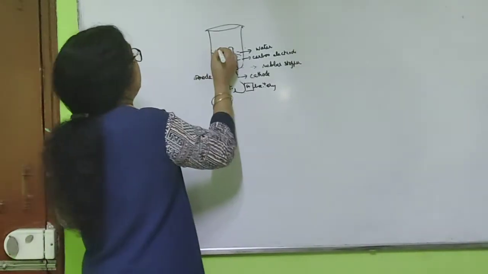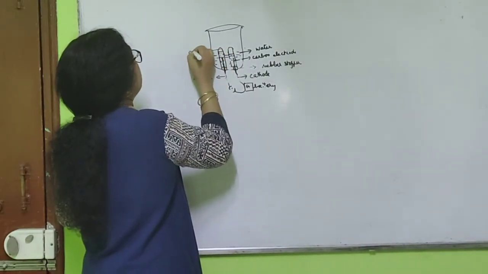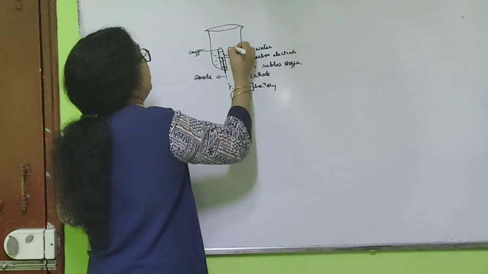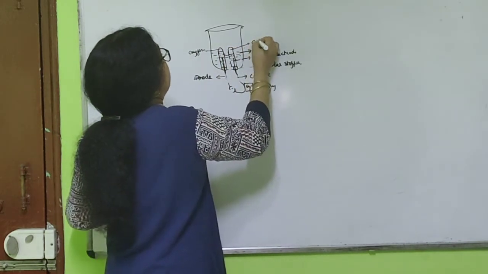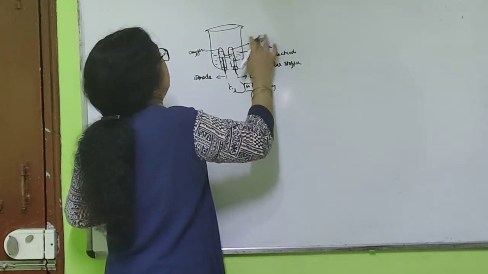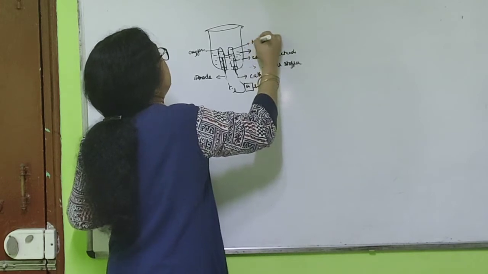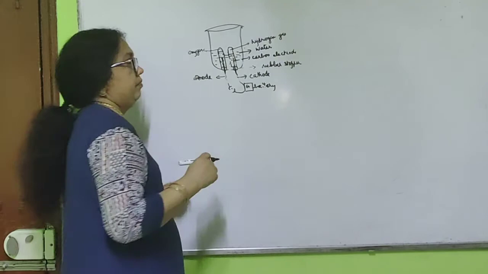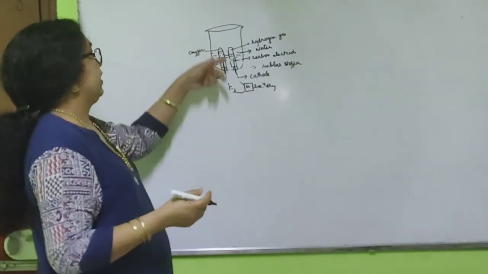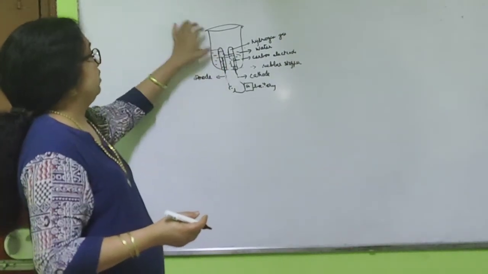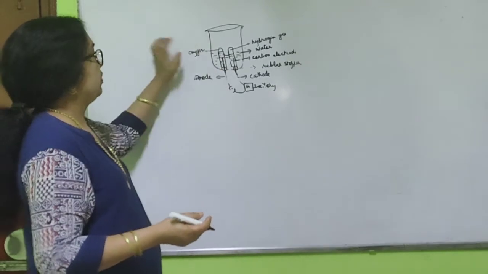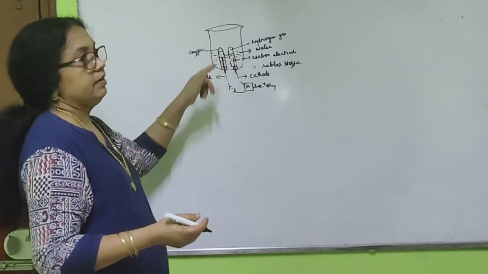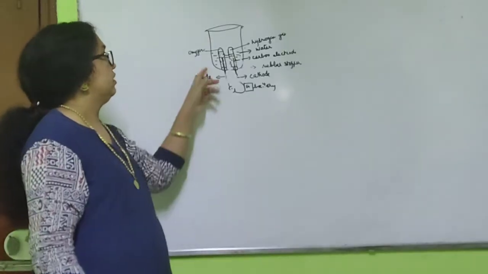In the anode we are getting oxygen gas and in the cathode we will get hydrogen gas. Now when the reaction is over, take the test tubes containing gases and bring a lighted matchstick over them.